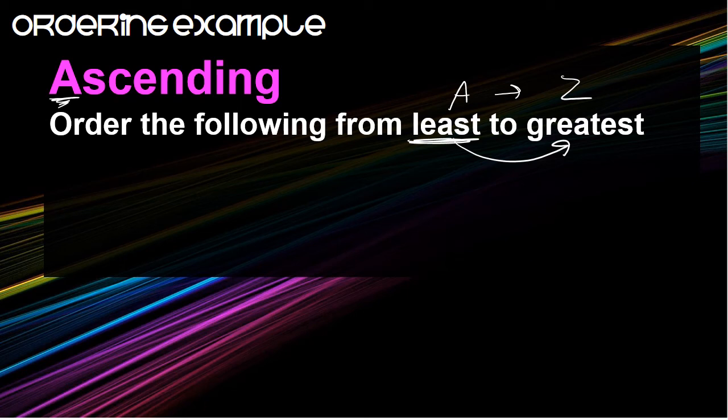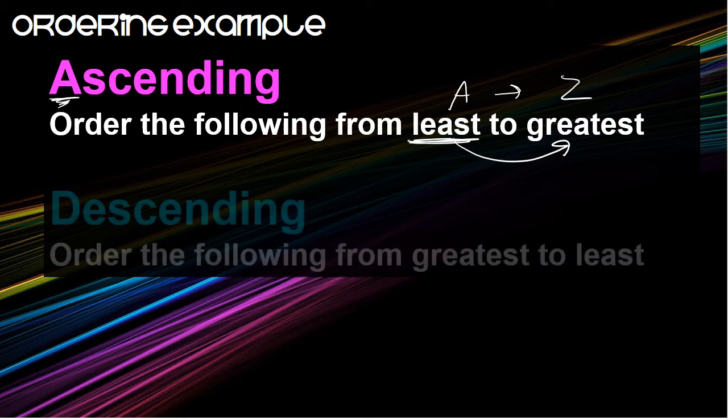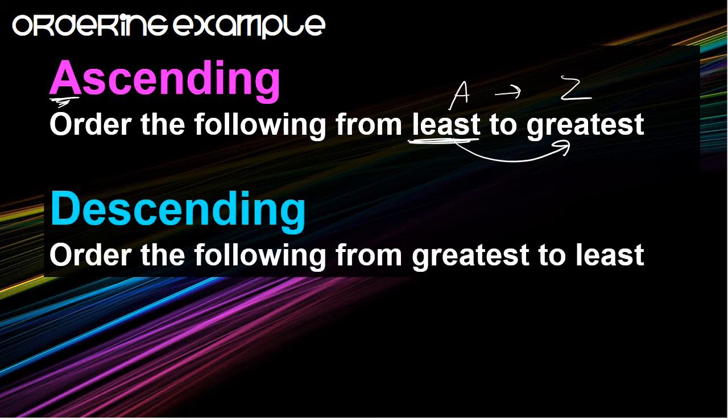Is you're going to start with the first one, you're going to go to the last one, or the least to the greatest, smallest to the biggest. And descending is you're going in opposite order here. So you're going from greatest to least. And so it's like saying your alphabet backwards from Z to A.